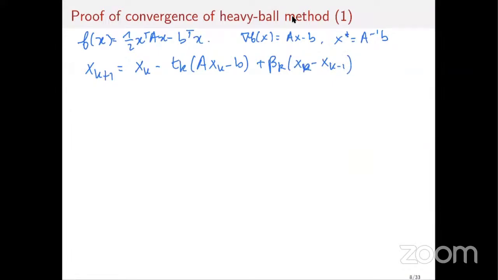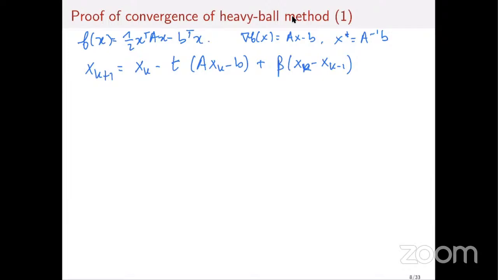By the way, I'm going to assume here that my step size is constant, so t equals t_k and beta equals beta_k. So I'm just going to do this right away. I'm going to erase, I'm going to have this t, and here I'm going to have just a beta. So this is really my iteration rule.